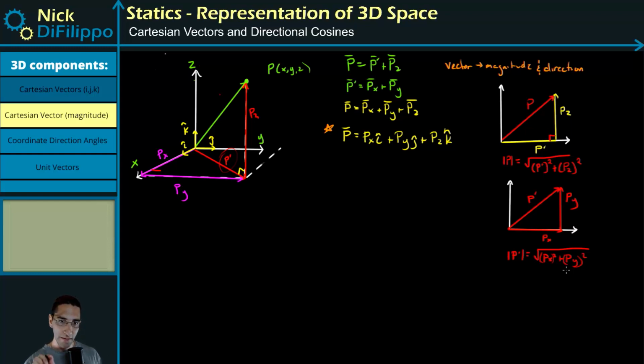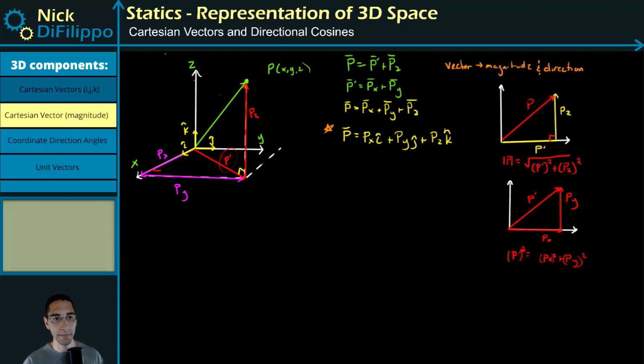And I can write this slightly different, right? Instead of saying this is the square root, I can square both sides. The square root now goes away. I'm going to get rid of these magnitude bars just for simplicity. And then I have p prime squared is equal to px squared plus py squared.